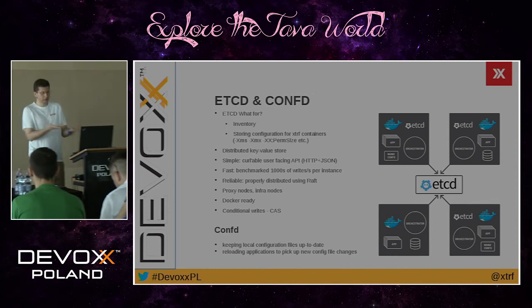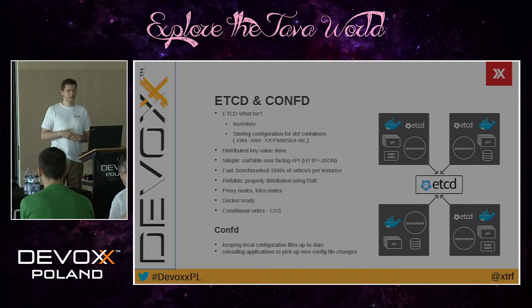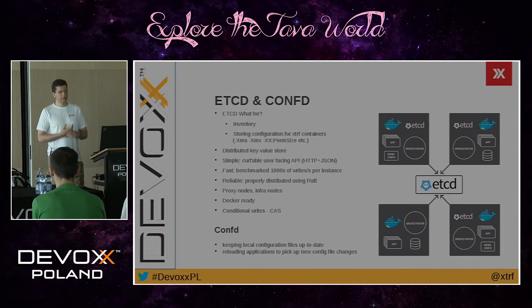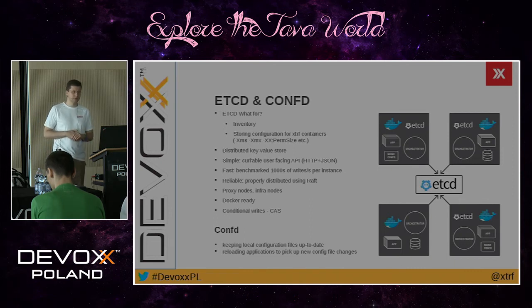Right. So we have this inventory global configuration database. That's great, but how do we actually benefit from this information? How does it happen that, let's say, a port number is reflected in a proxy configuration? There's a really nice service, confd, that simply listens to etcd changes, and you can script several actions.